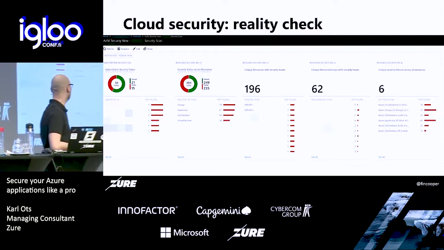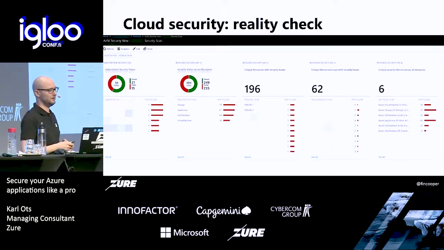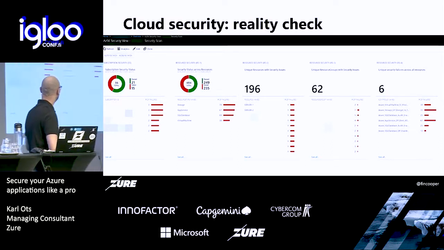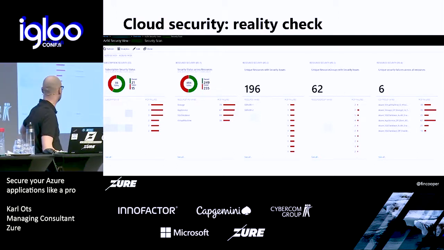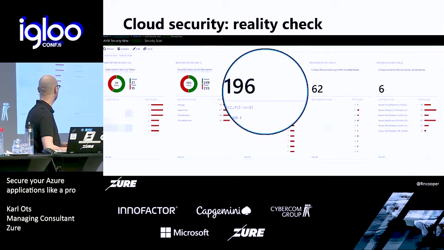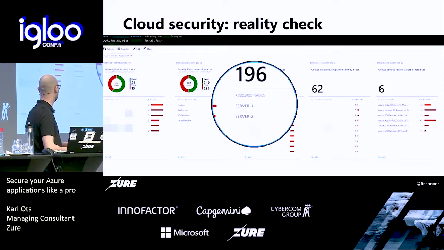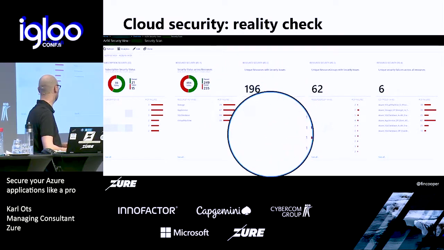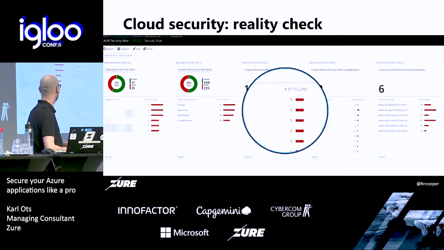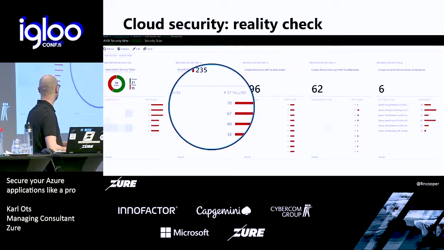environments. Here is an example of an enterprise customer with, as you'll see, 200 resources in Azure. You'll see there are some servers, then blank names. Essentially, there are some virtual machines.